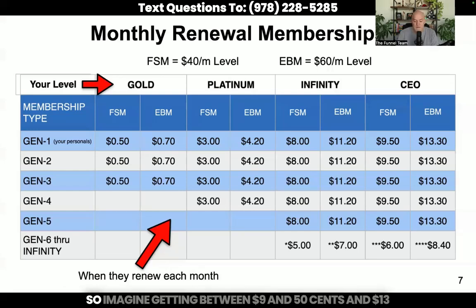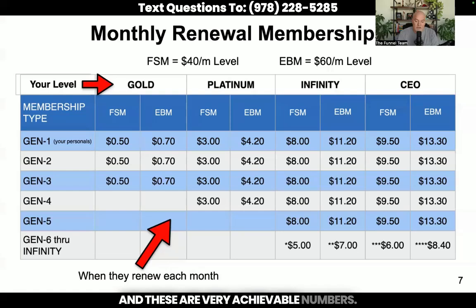Okay. So imagine getting between $9.50 and $13.30 on every single renewal on your team. And that was 1,000 people. If you just look at averages, that would be about $11.50 to $12 per person times 1,000 people. That's a very significant monthly income with the myEcon compensation plan, okay?